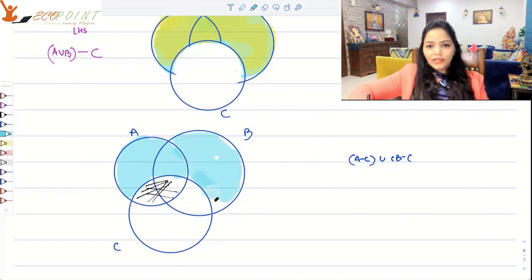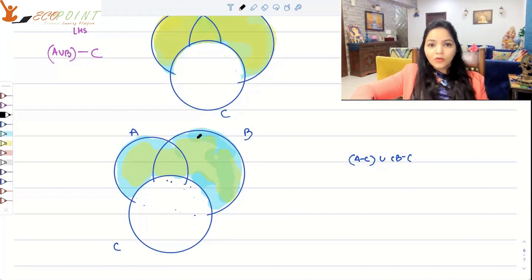Similarly, B minus C would be everything in B, and you just take out what is in C. So what are we left with? We are left with this area. Is this area any different from the left-hand side? Well, clearly it's not the case. It is exactly the same.